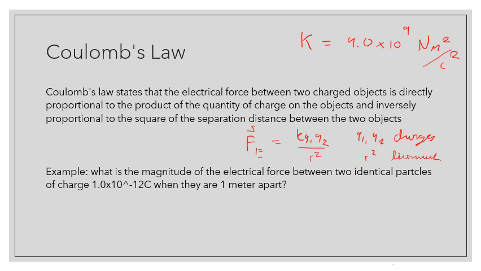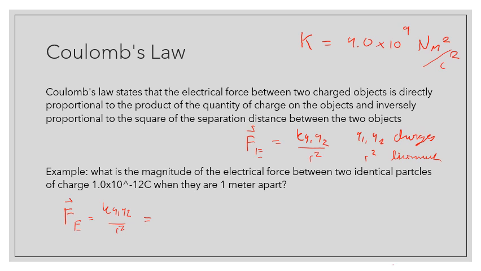So what is the magnitude of the electrical force between two identical particles of charge 1 times 10 to the negative 12 coulombs when they're 1 meter apart? We know the equation is Fe is equal to kQ1Q2 over r squared.